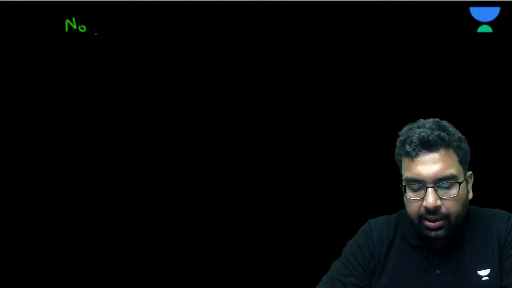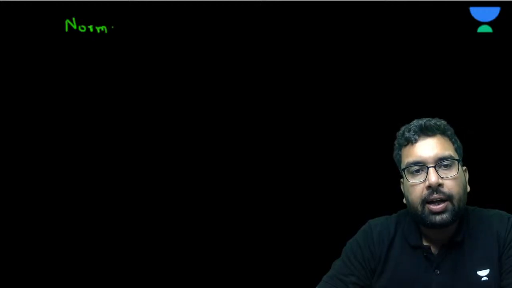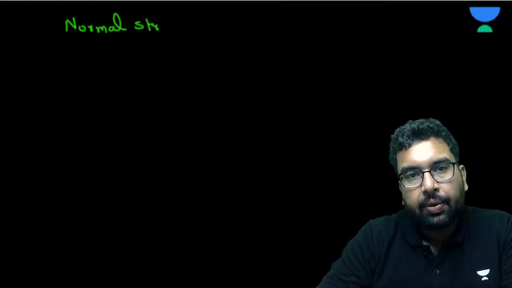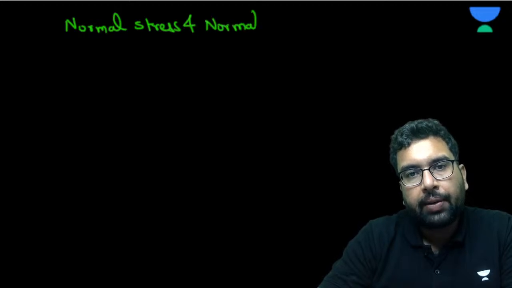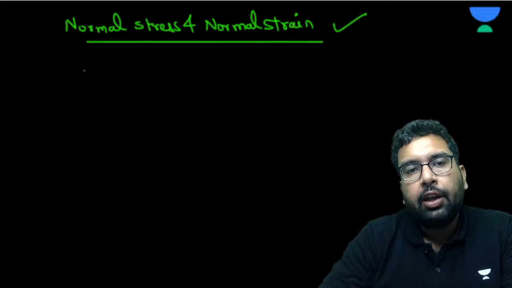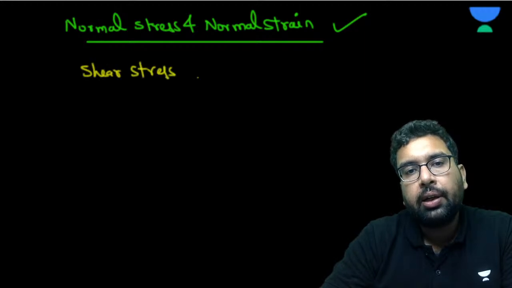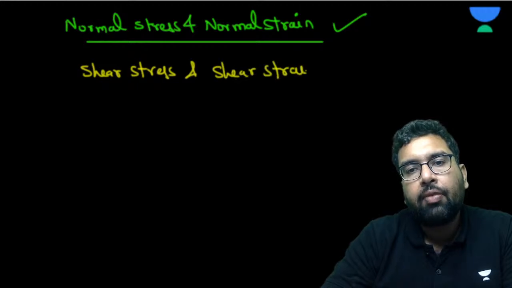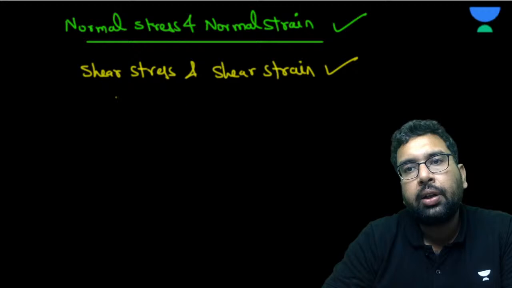Now let's proceed. So now we have dealt with the normal stress and normal strain, right? This is dealt with. Now shear stress and shear strain are also dealt with. This is also done.